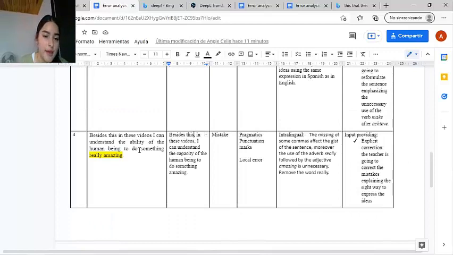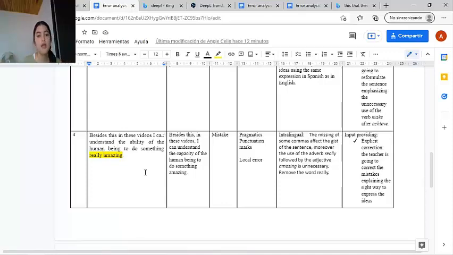Let's continue with line number 4. In this case, I found some pragmatic and punctuation mark mistakes. Well, I mentioned pragmatics because I consider that if you think that something is amazing, you don't need to use the adverb "really" because it could be classified as a redundancy. So please don't put the adverb "really" before "amazing". Just remove that adverb and write "amazing".